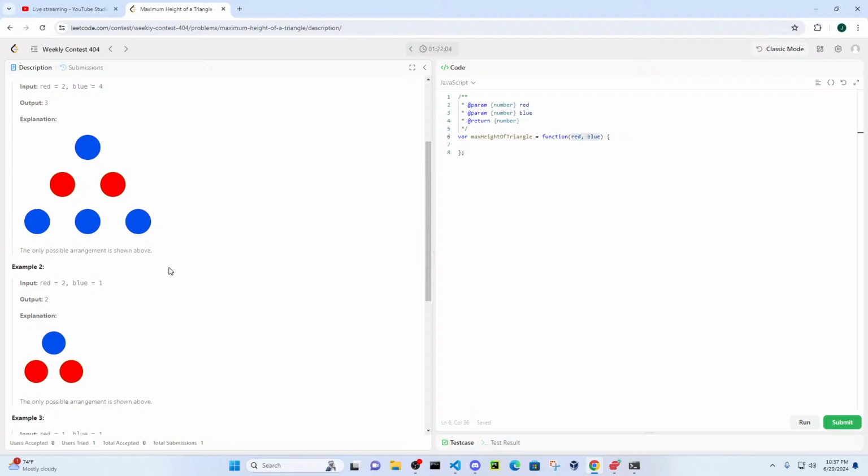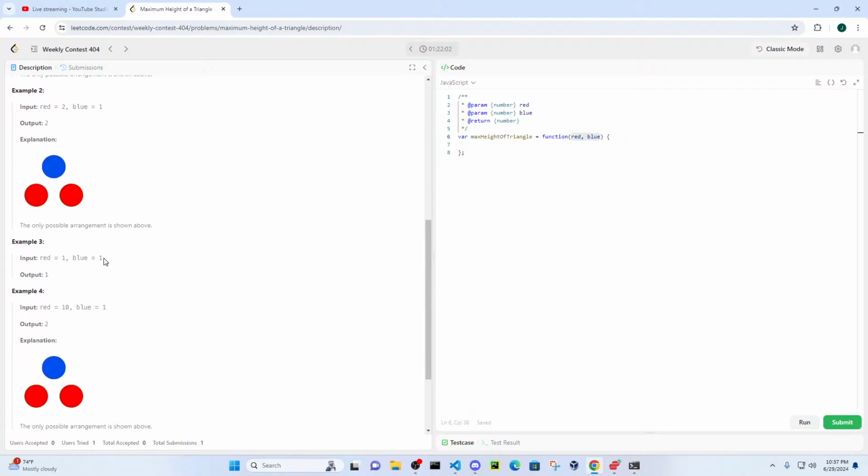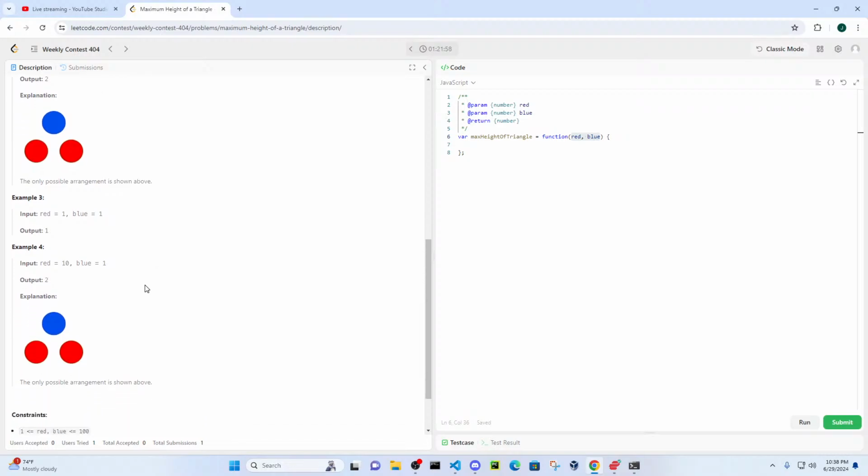One is the minimum. 1 is the minimum. 1 is the minimum. All right. So is it as simple as just finding the minimum, checking if the other color is equal to the minimum?